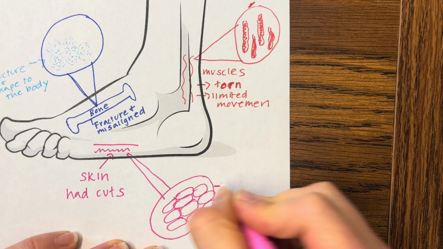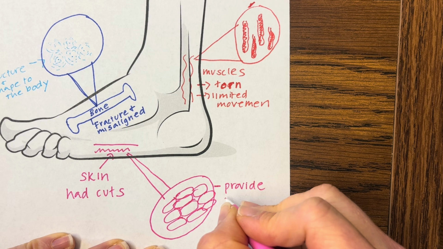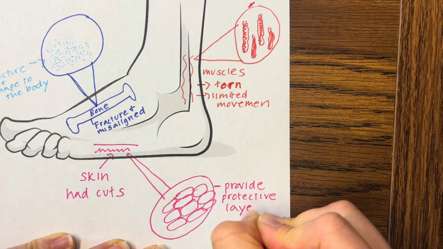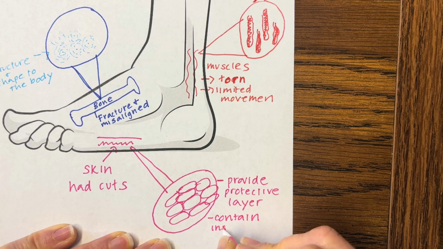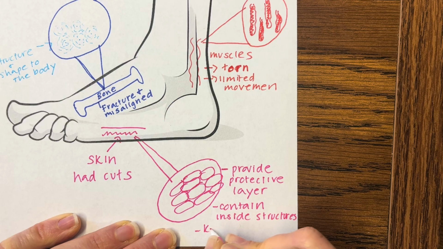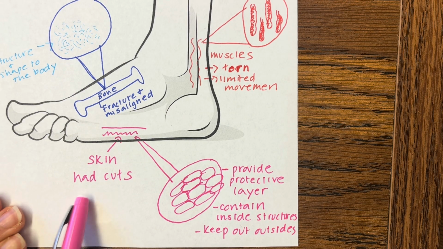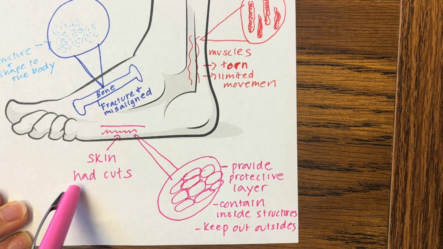And the function of these skin cells is to provide kind of a protective layer, contain the inside structures and to keep out the outside. So those skin cells must have been damaged because there were cuts or openings in the skin. Therefore, we needed to see that some of them would fill the gap by replicating, dividing, and making new ones.